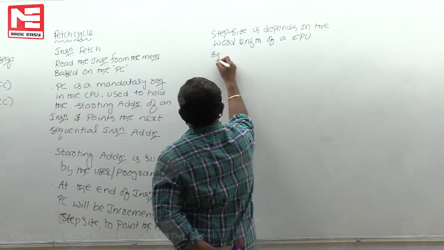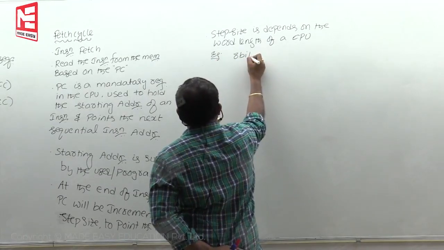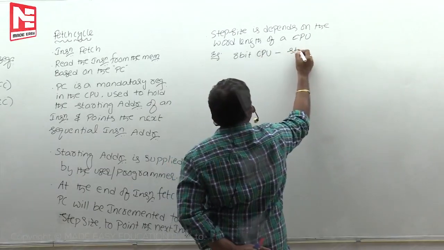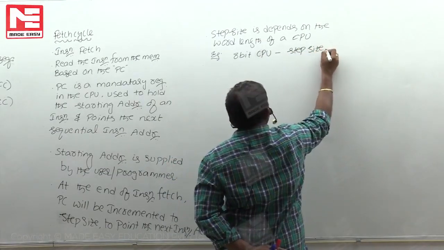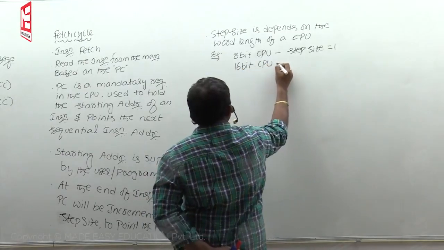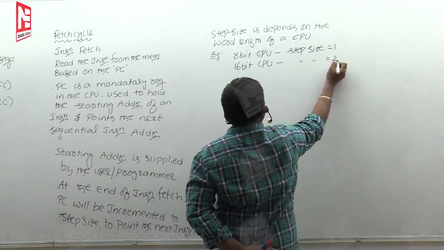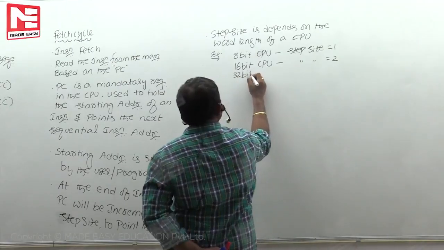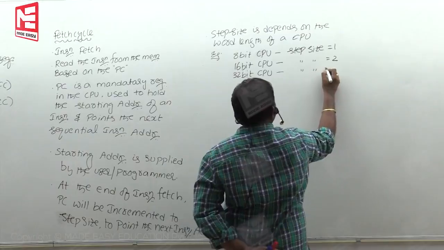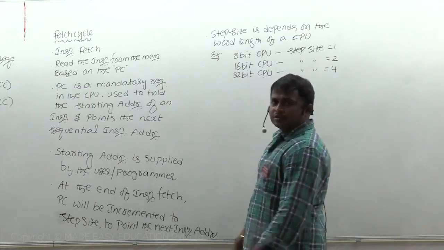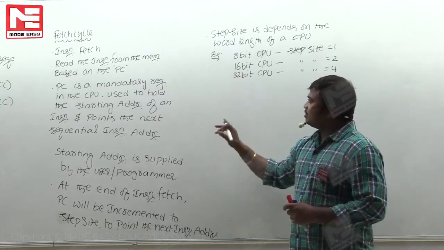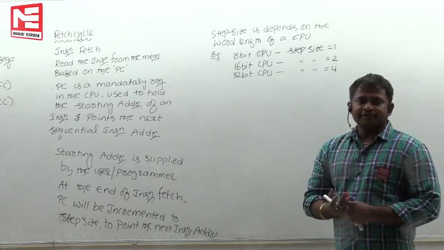For example, 8-bit CPU, step size equals 1. 16-bit CPU, step size equals 2. 32-bit CPU, step size equals 4 and so on. So from processor to processor, step length will increase. This is the concept of instruction fetch.